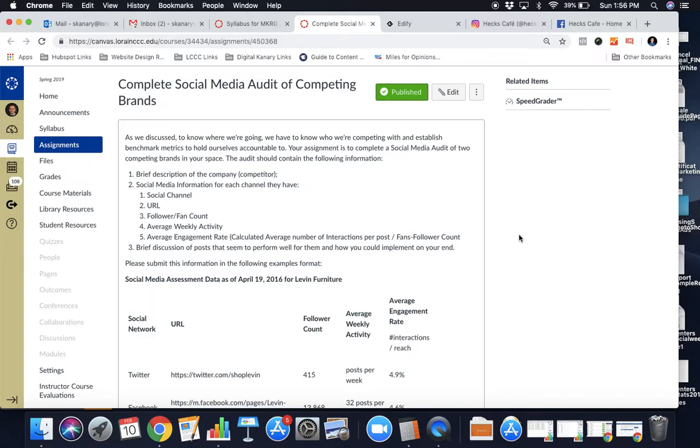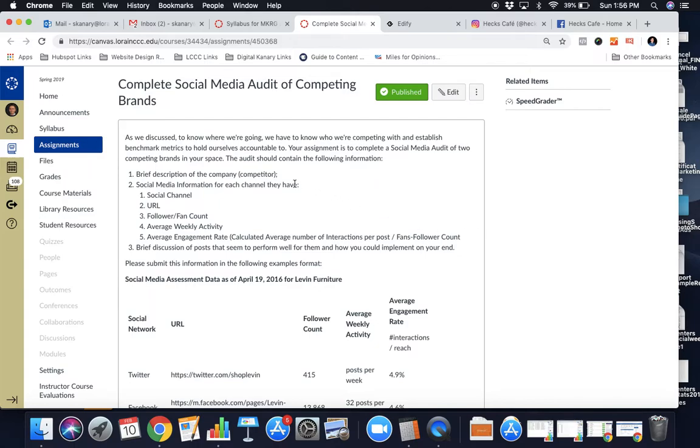So you can see how they'd be perfectly okay if they did one social media audit on a competitor, which would be a local cafe they're competing with, and then also a social media audit on a peer that is a humane society. Because again, you're looking to gain some insight from these two audits that you do.